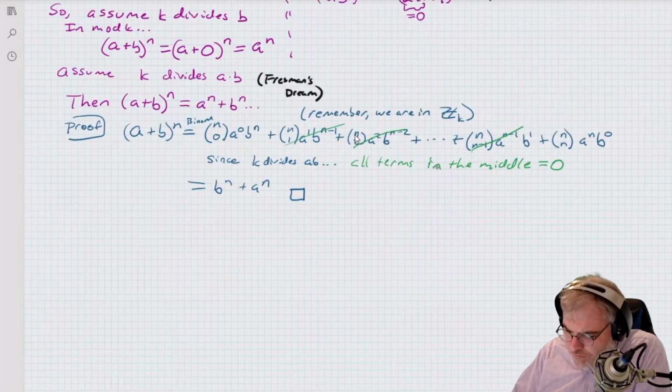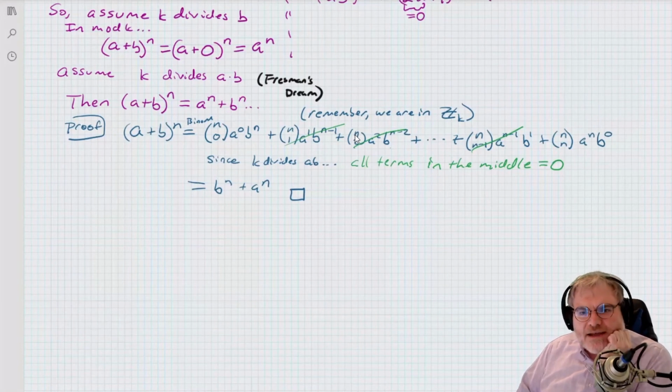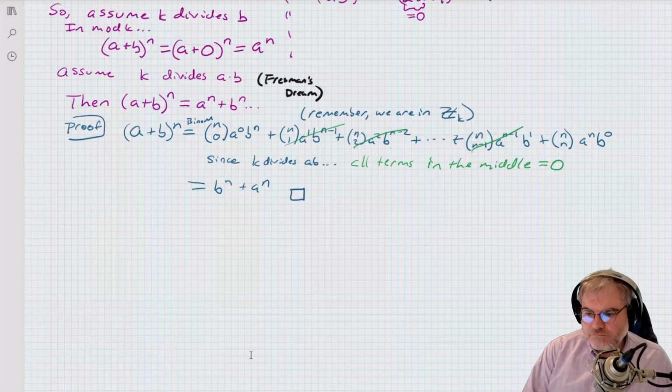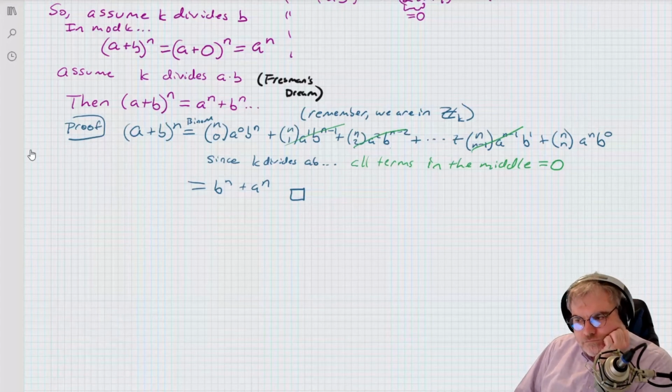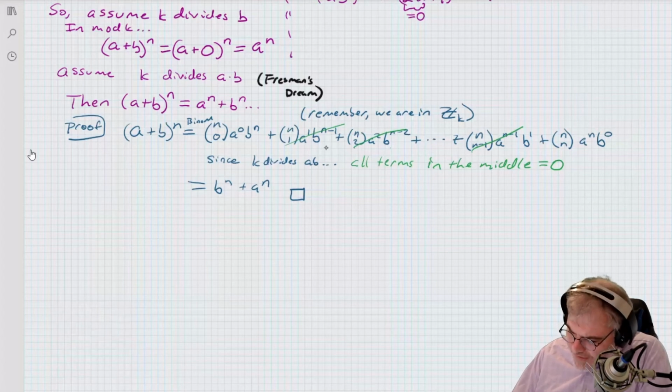Indeed, RSA is going to exploit this fact. How do we feel about that? So all I did was mod out the pieces in the middle.